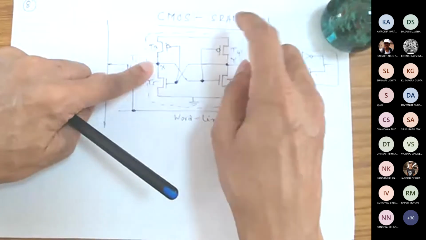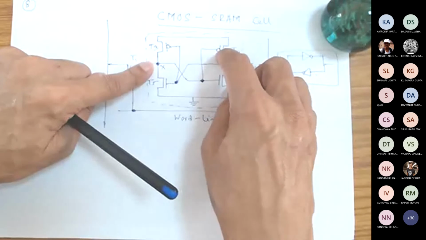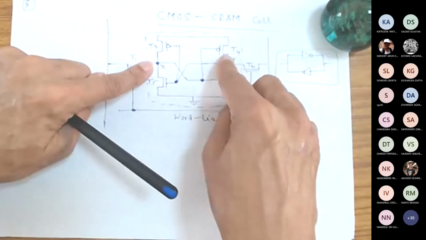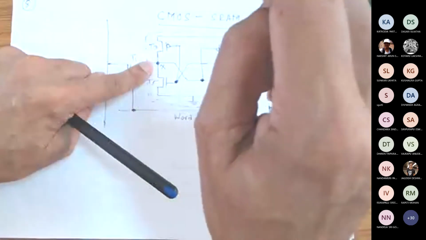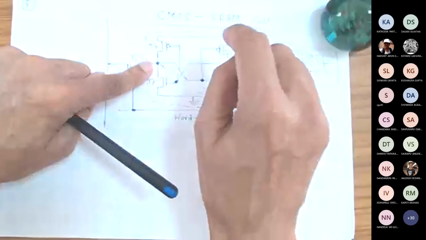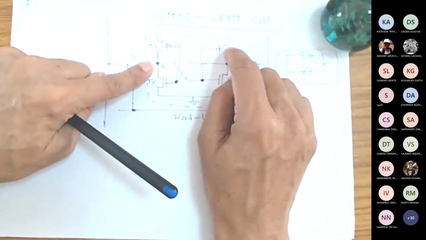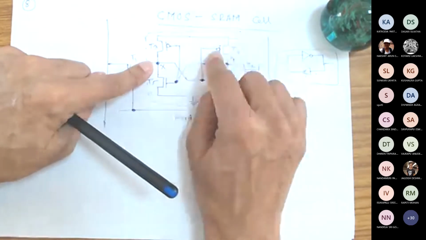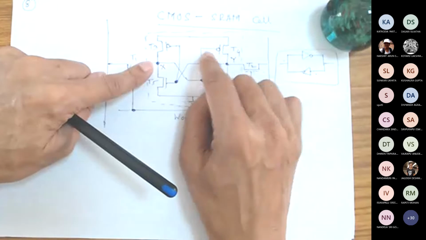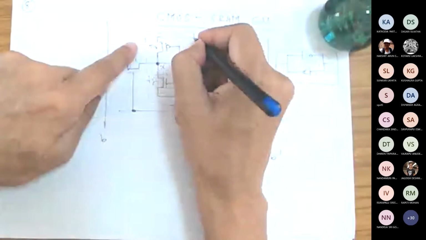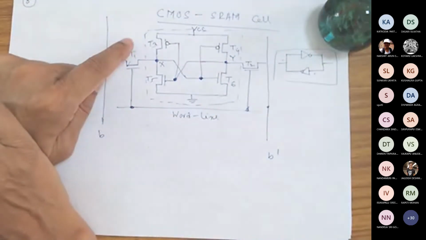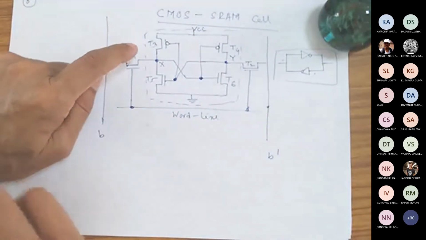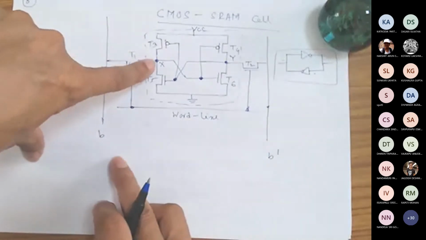Because this is a P-type transistor and this is an N-type transistor. For a P-type transistor, when the gate voltage is high, it is off. When the gate voltage is low, it is on. So you apply the VCC here.